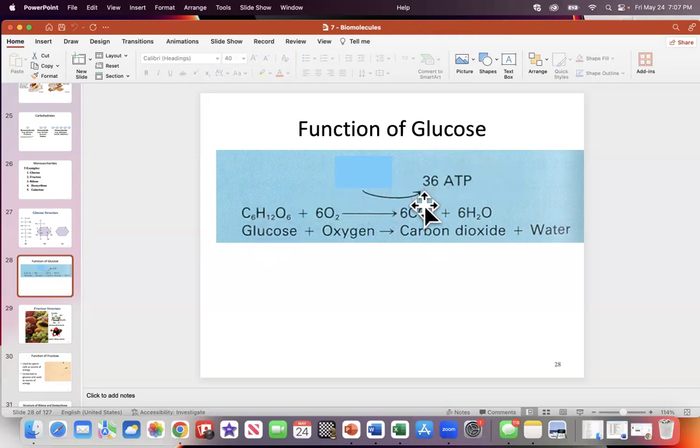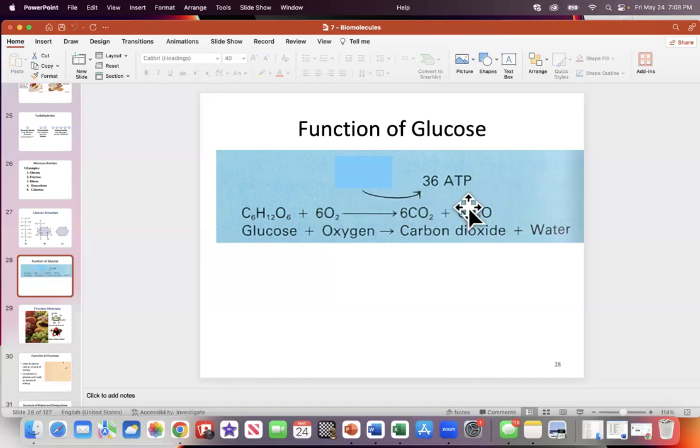Byproduct, CO2 and water. So you find we breathe in oxygen, we breathe out CO2 and water. You actually breathe out water. If you don't trust me, you put a mirror in front of your nose and you find that vapor. So you actually breathe out water and CO2. And why do we breathe in oxygen, breathe out CO2 and water?